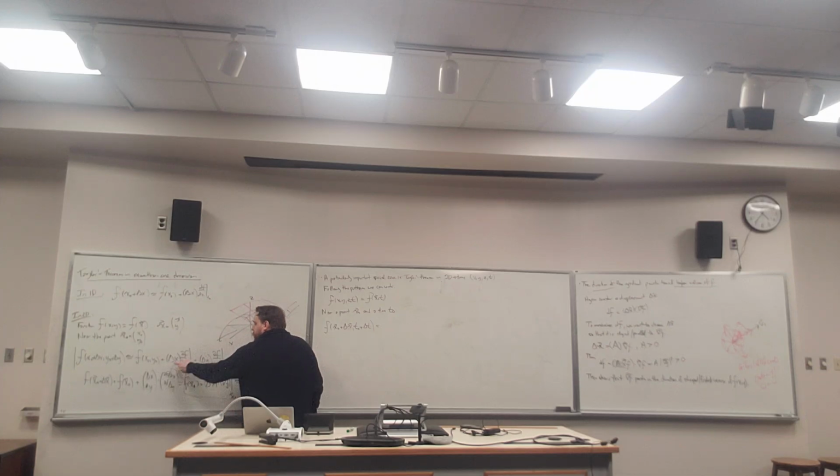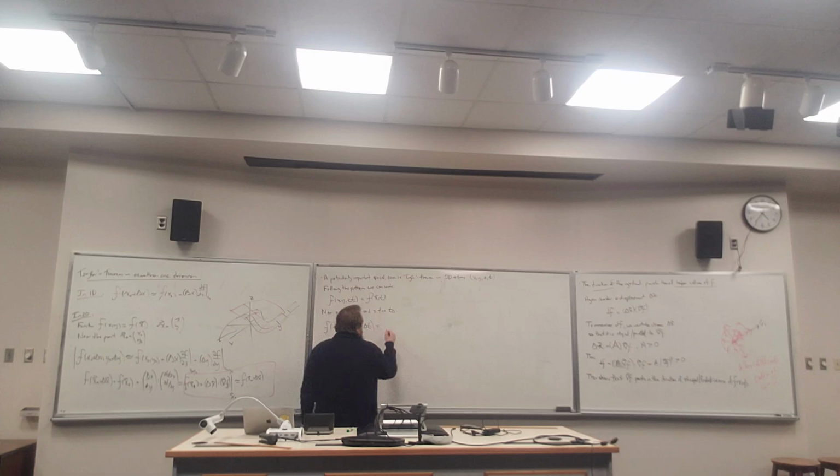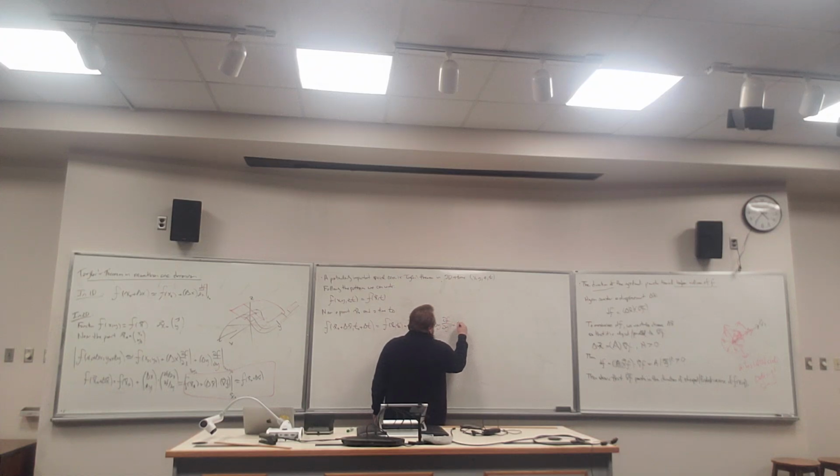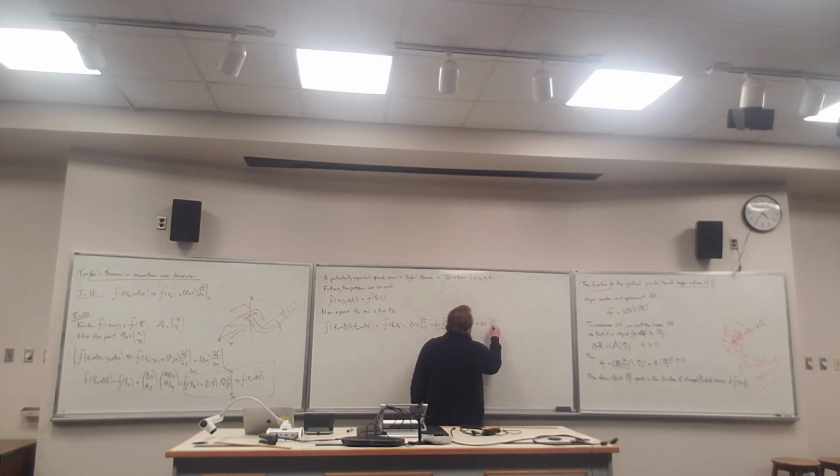Now we're going to have 4 terms, x, y, z, and t. So we'll have f of x naught, t naught, plus delta x, partial f, partial x, plus delta y, partial f, partial y, plus delta z, partial f, partial z, plus delta t, partial f, partial t. These are all evaluated at x naught, t naught.